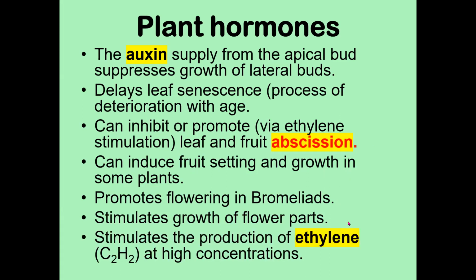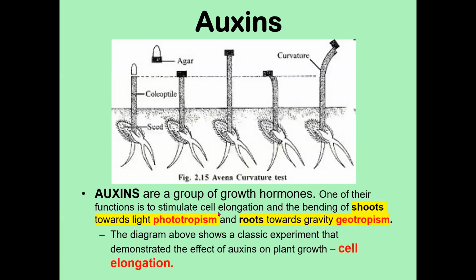It stimulates the production of ethylene at high concentrations. So ethylene only has 6 atoms in it, 2 carbons and 4 hydrogens. For those who might remember your chemistry, the 2 carbons are linked by a double bond and there are hydrogens at each end. So here's a very famous experiment, very, very famous, from the late 1800s.